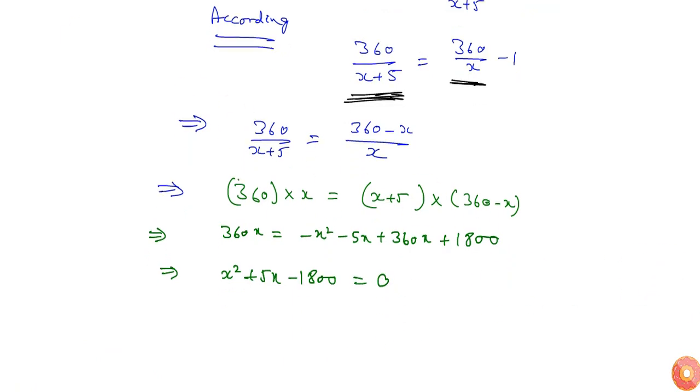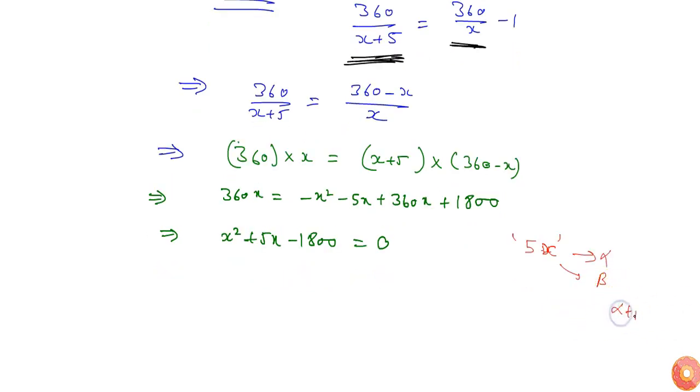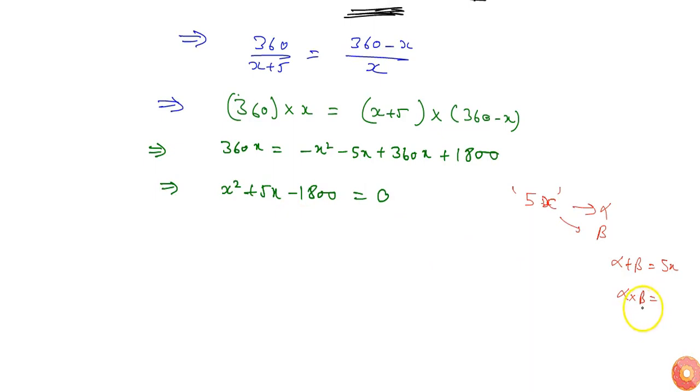To solve this quadratic equation, we need to split the middle term, which is 5x, into two terms alpha and beta, such that alpha plus beta would be 5x and alpha into beta would be the product of the remaining terms, which is x square into minus 1800, so minus 1800 x square.